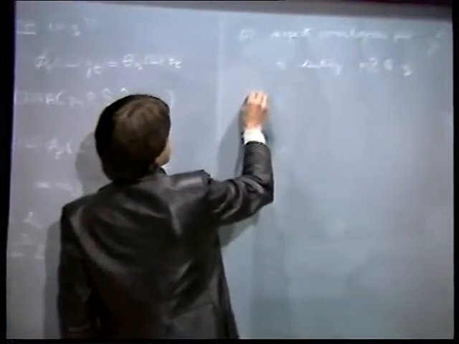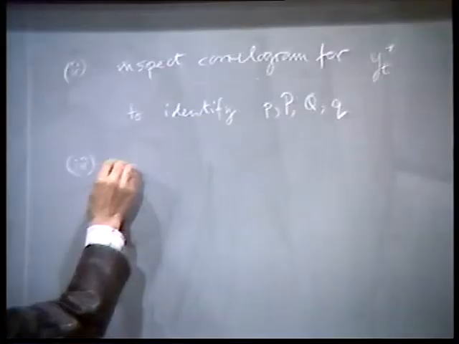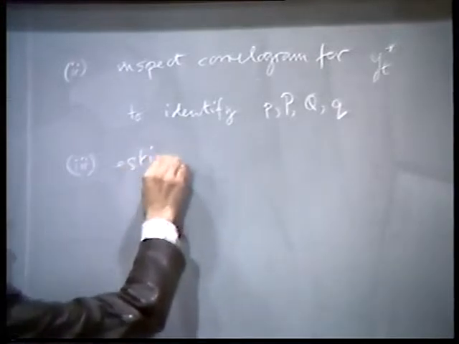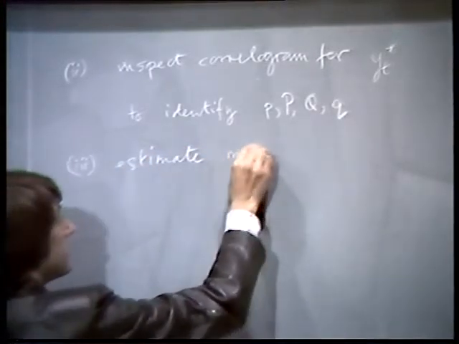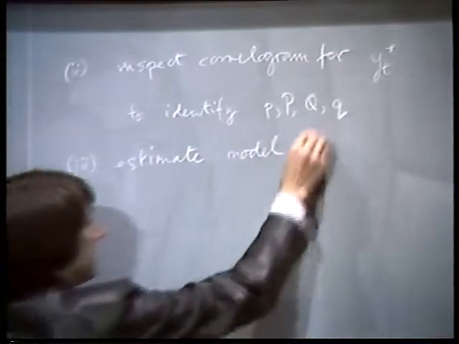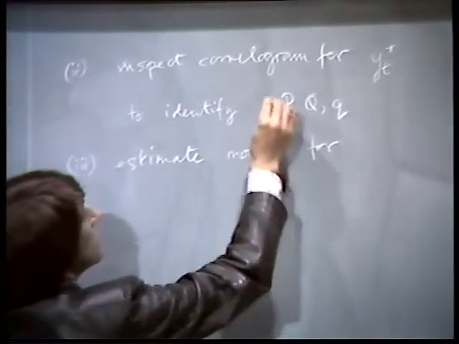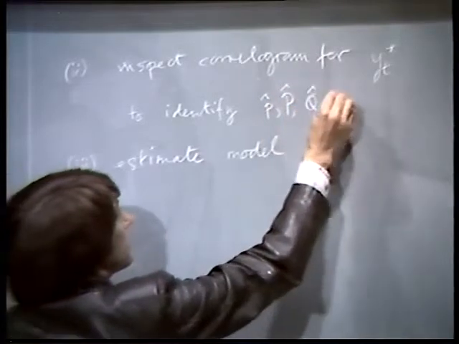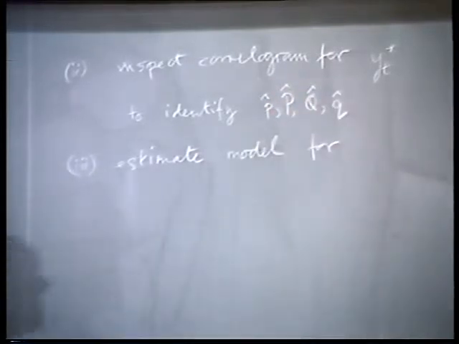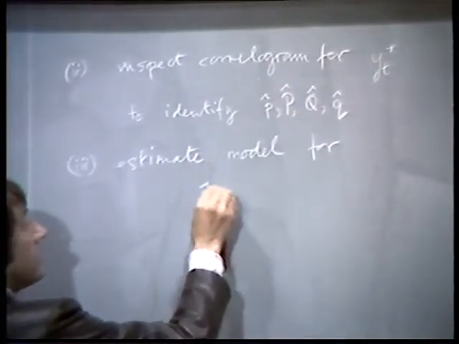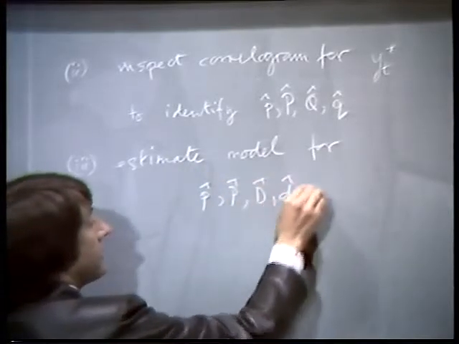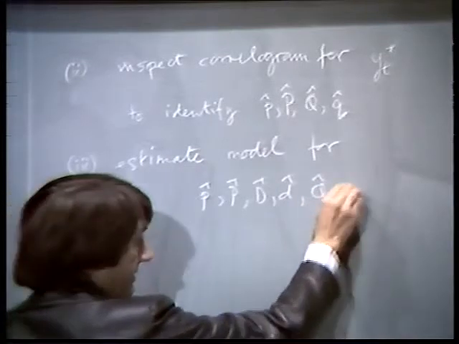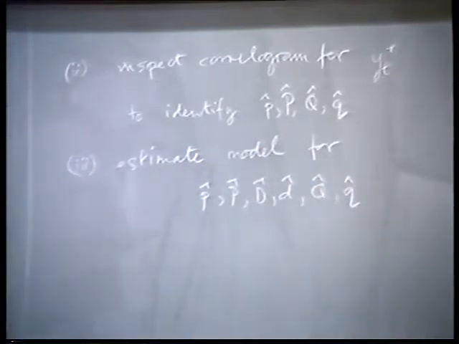Having done that, we would estimate the model for those values, which we'll now denote by the hats. So estimate the model for p hat, d hat, D hat, Q hat, and q hat.